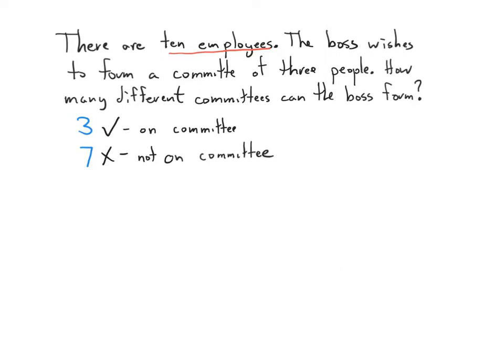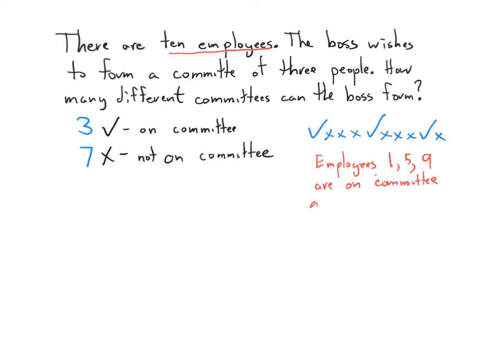And just as an example, something like this, if I wrote down check, X, X, X, check, X, X, X, check, X, this is telling me that employees 1, 5, and 9 are on the committee, and the others are not.